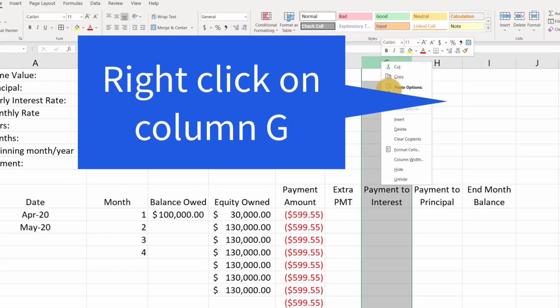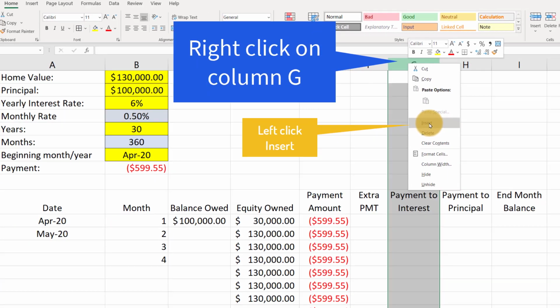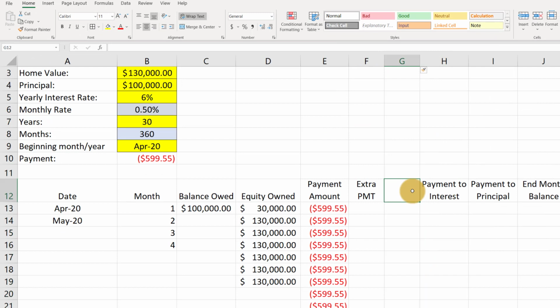So let's add a column here for total payment. And let's suppose 1 month we wanted to pay an extra $100 toward our principal. Then what we want the total payment here to be is the $599.55 and the 100 combined.